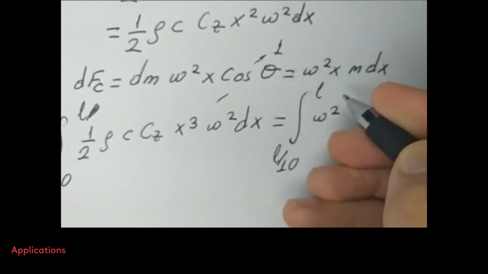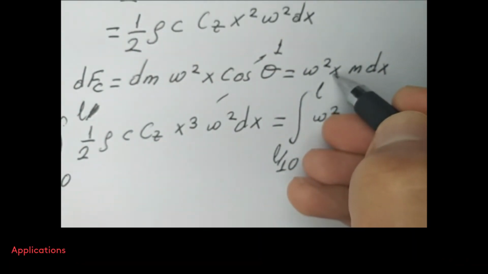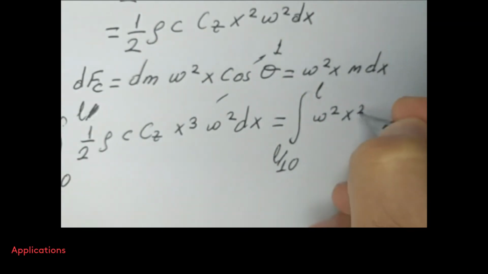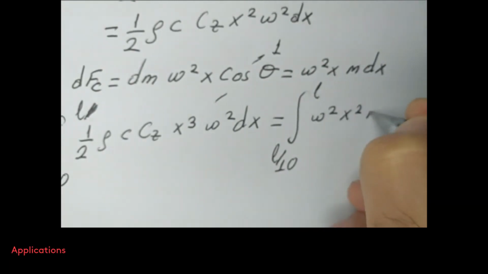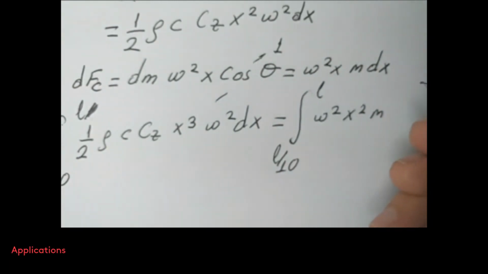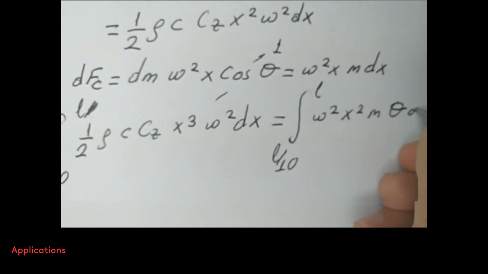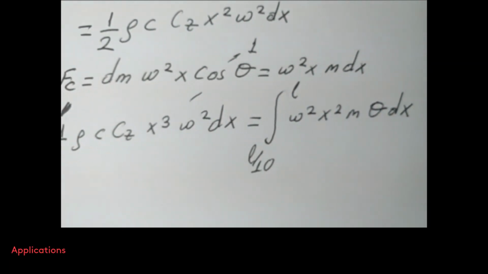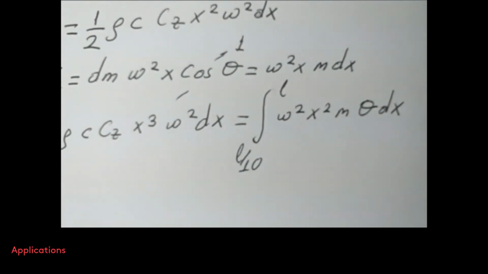We have one x here, and certainly there is another x coming from the load arm, so that is x square multiplied by m, and for small angles sine theta is equal to theta. So this is our equilibrium equation.